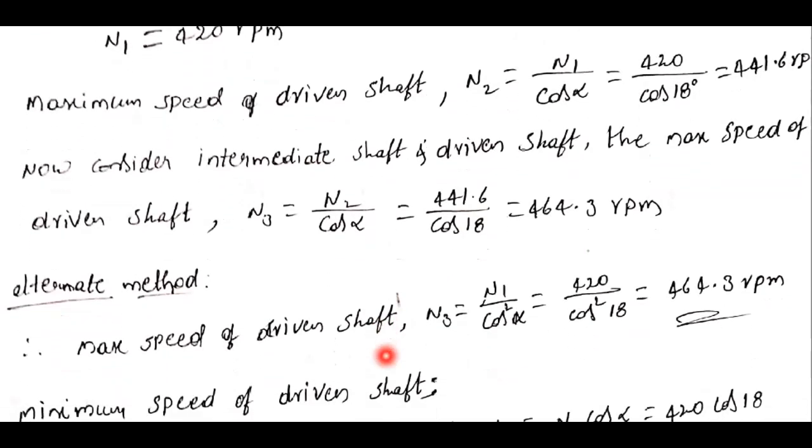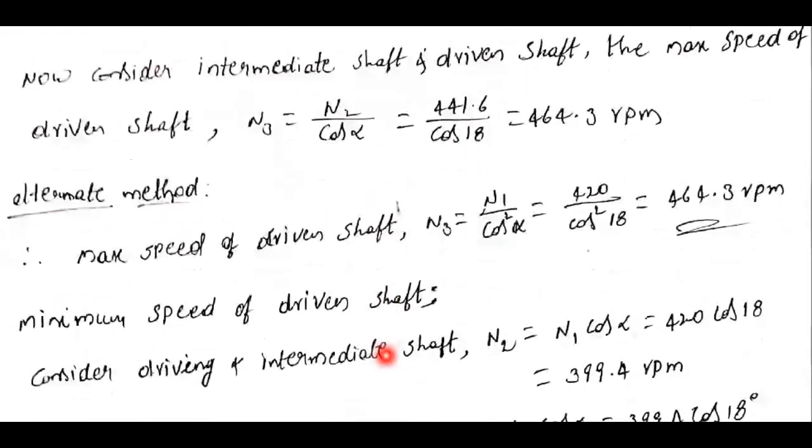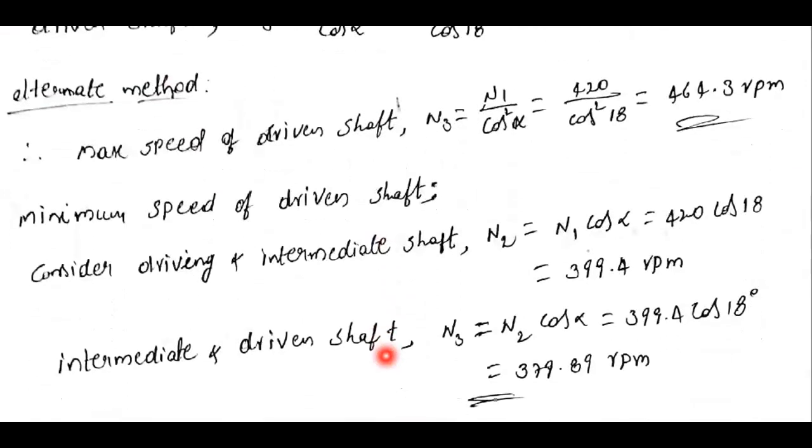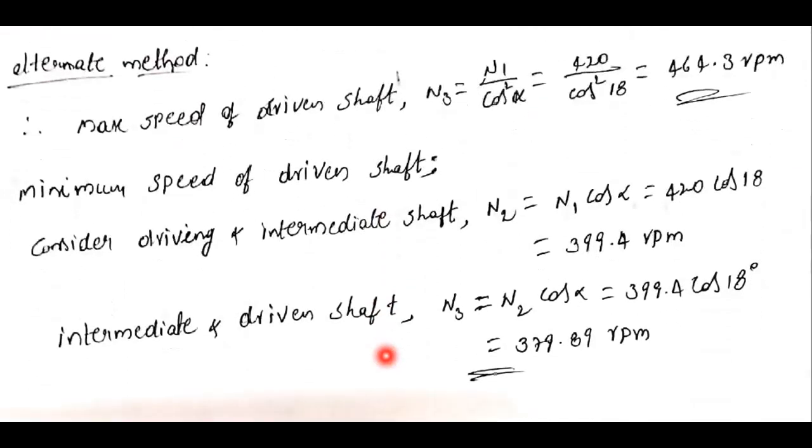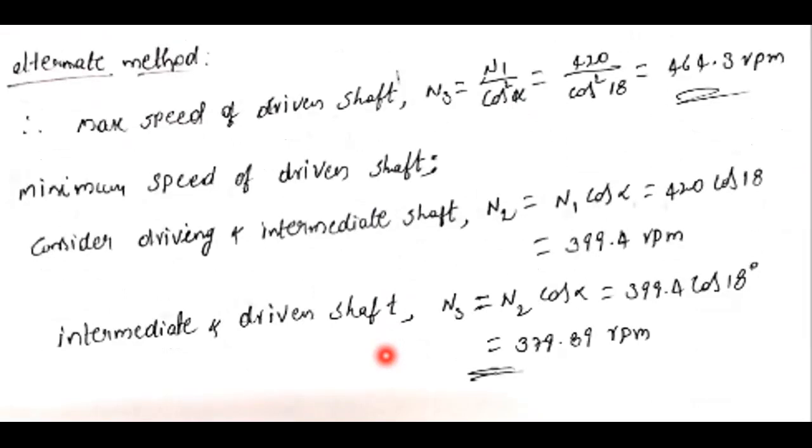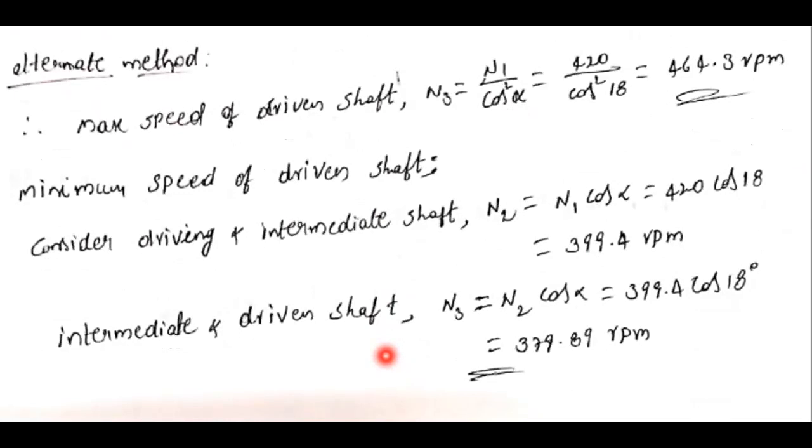Similarly, to calculate the value by another method, observe the maximum speed of the driven shaft. The driven shaft speed N3 equals N1 by cos square alpha.